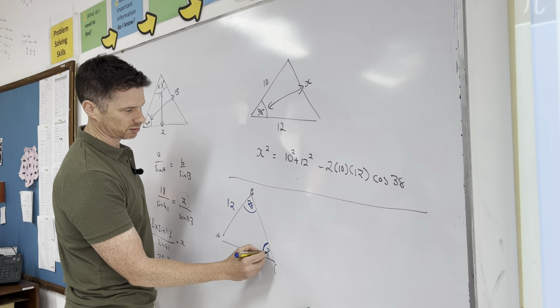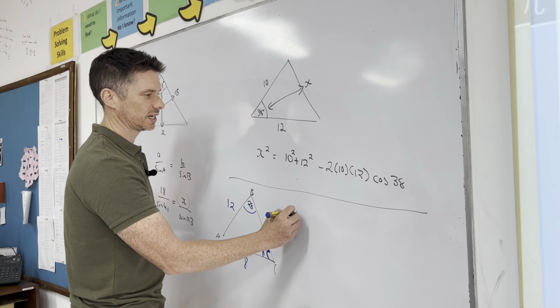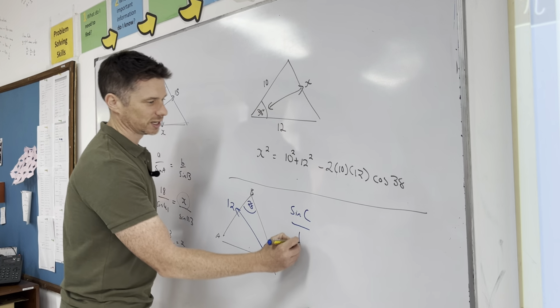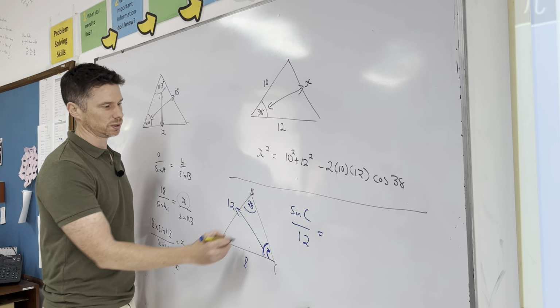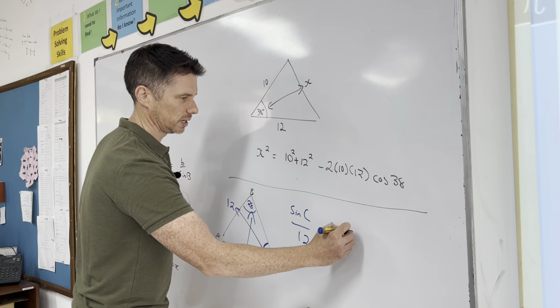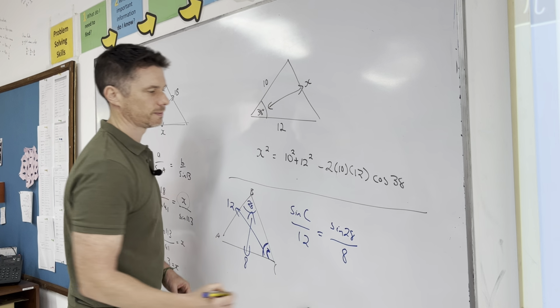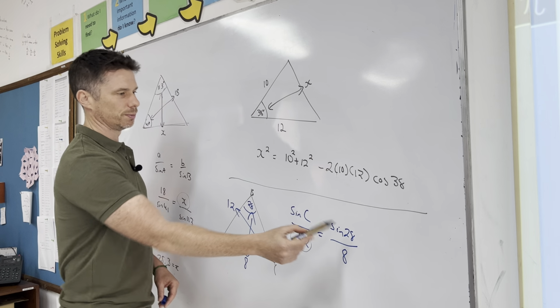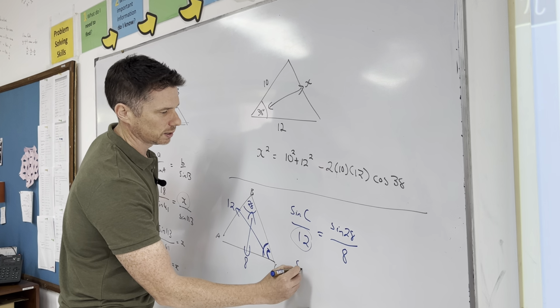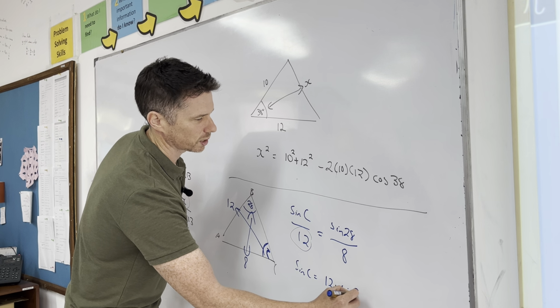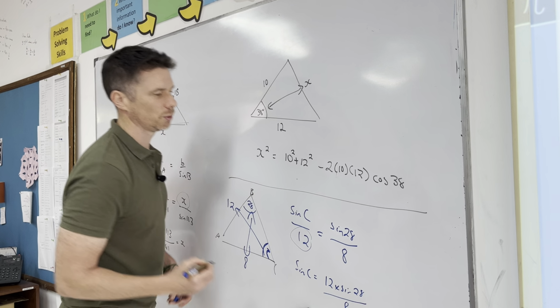I'm going to call this angle C. So sine C over 12 is equal to sine 28 over 8. Then I can multiply both sides by 12 and it'll go away. Sine C is equal to 12 times sine 28. Do that in the calculator, press equals.